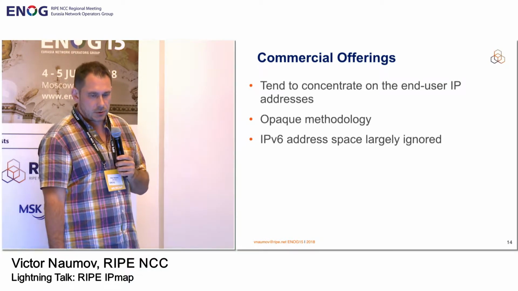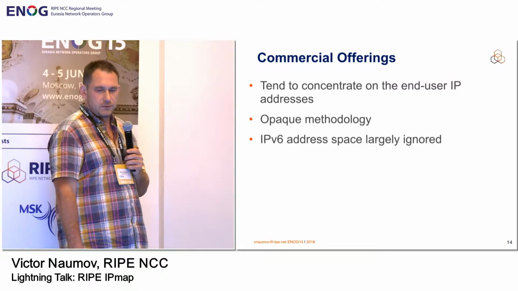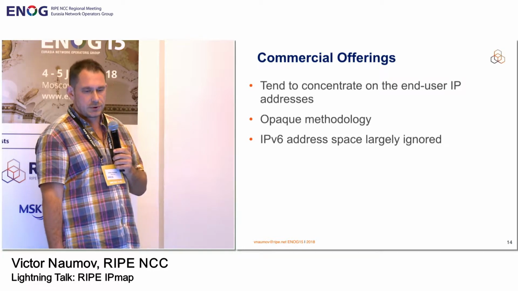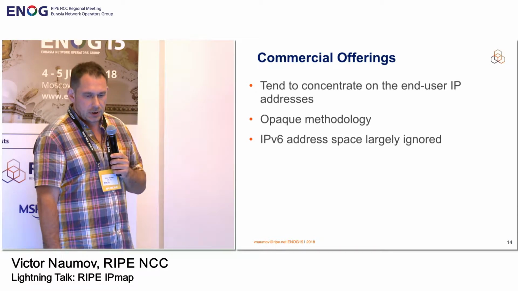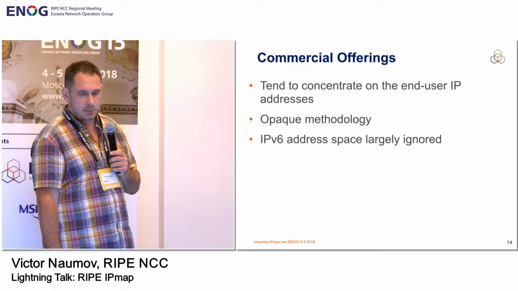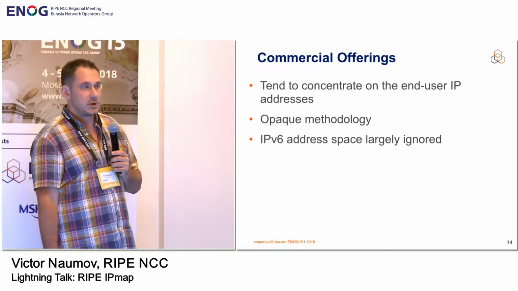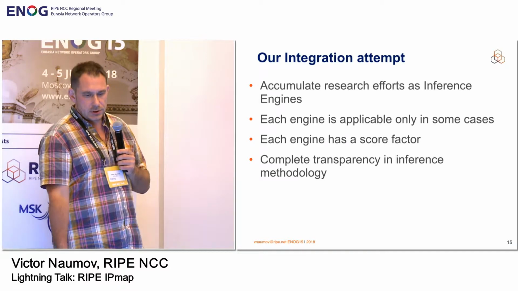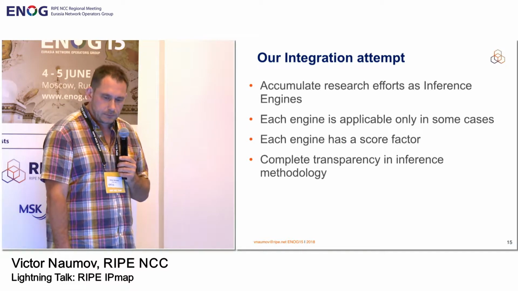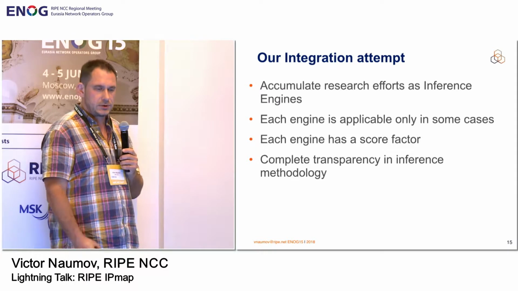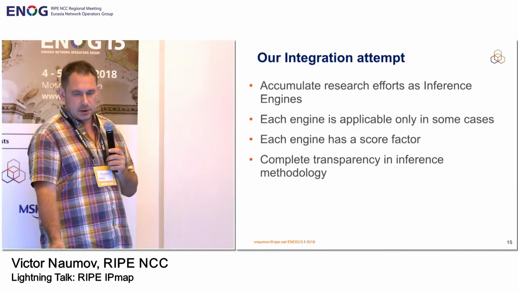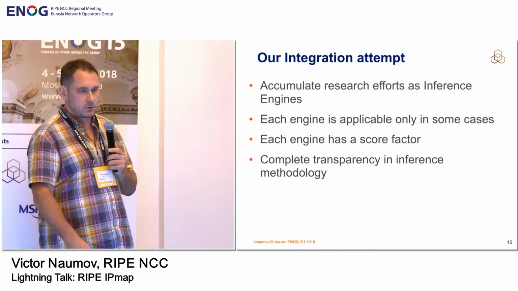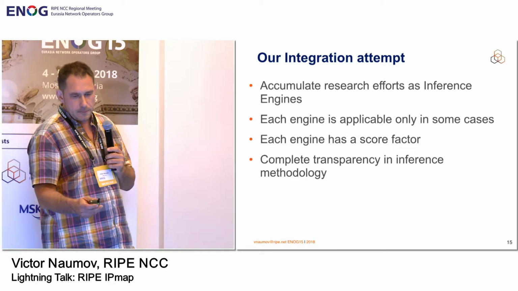Commercial offerings concentrate on end user IP addresses, but not on infrastructure. Secondly, their methodology is not transparent, and IPv6 is badly represented. We would like to integrate that and are attempting to do so, using all these engines together and giving each engine a certain weight depending on different conditions.